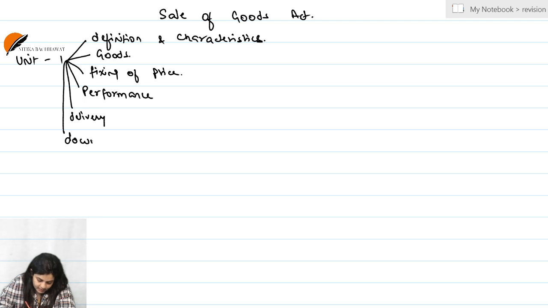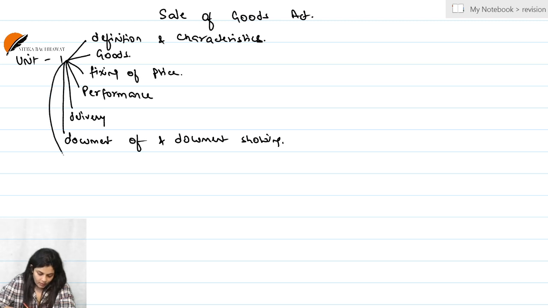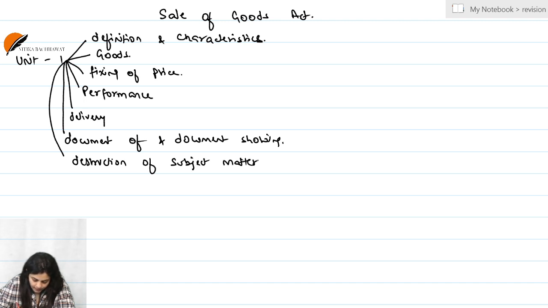Then we had discussed the difference between document of title and document showing title. Then we had destruction of subject matter, and finally we had compared Sale of Goods Act with other different types of contracts.